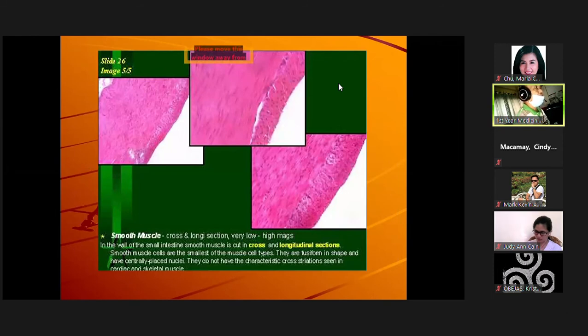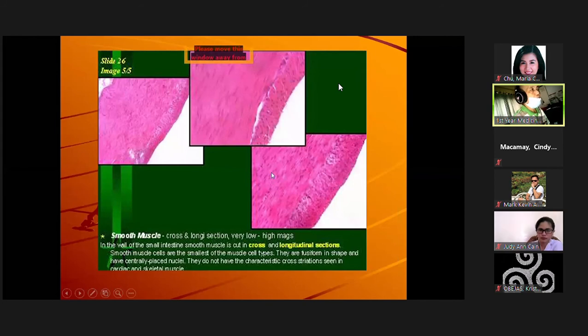Okay, so let's go now to the smooth muscle, the cross section and the long section. Here you see high magnification. You have your smooth muscles, so there are no striations. Number one, you don't find the dark and light striations. The cells are centrally located and mononucleated only.